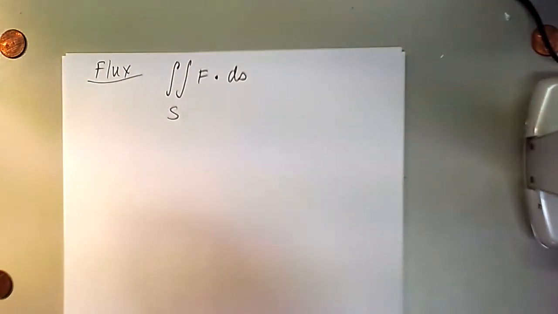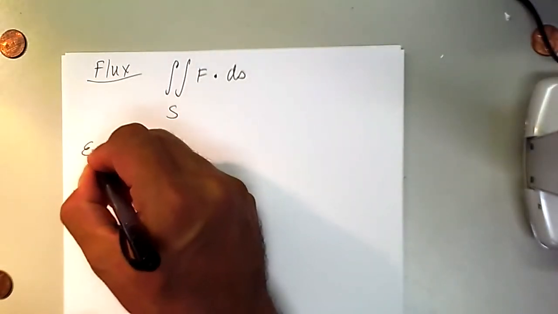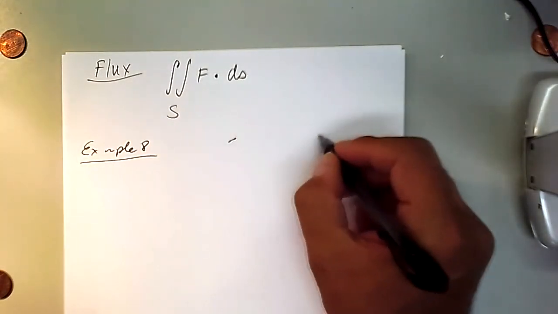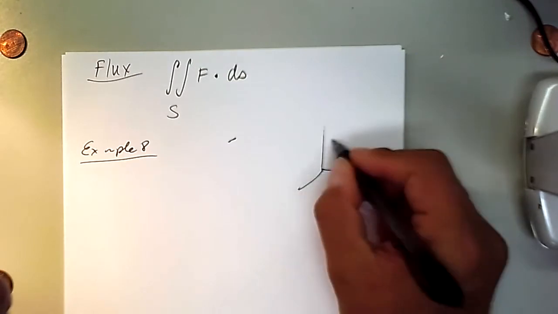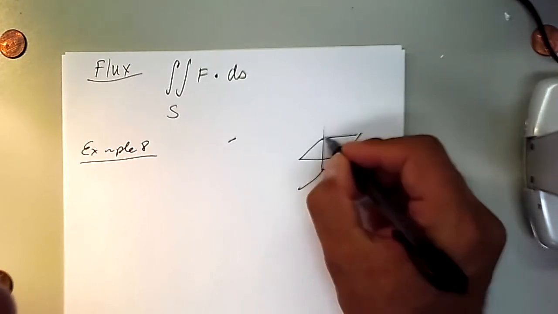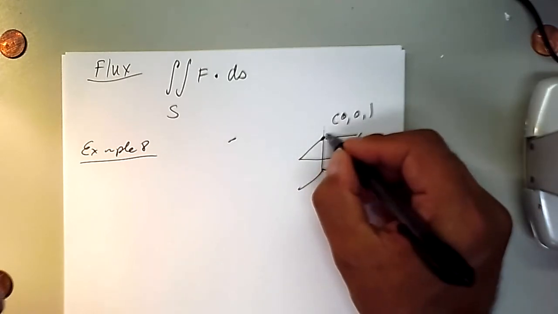So, example 8. Okay, so the surface is just going to be a unit square that is lifted up 1 unit. So this coordinate is 0, 0, 1.